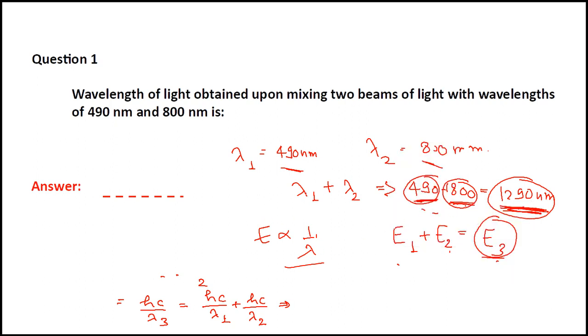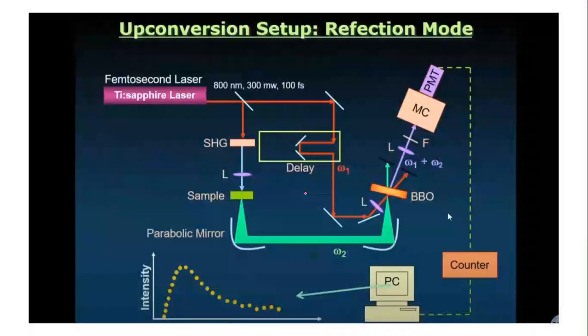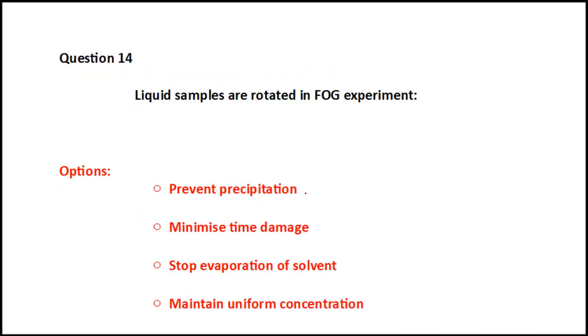Or else it would be better if we go on a blank page. So first of all, what we did was E3 is equal to E1 plus E2, and then it is equal to hc (1 upon lambda 1 plus 1 upon lambda 2), and it is equal to hc (1 upon lambda 3).